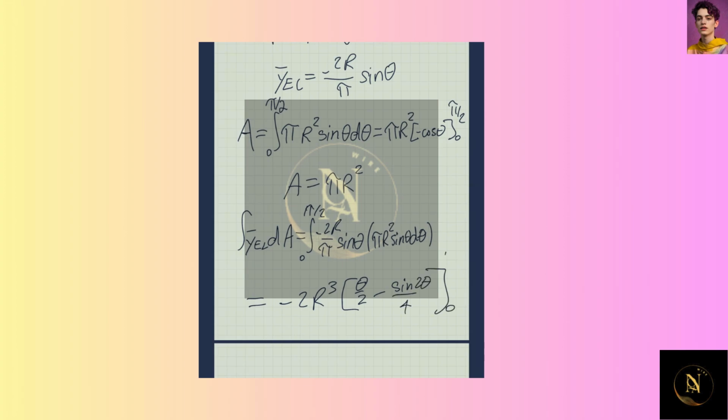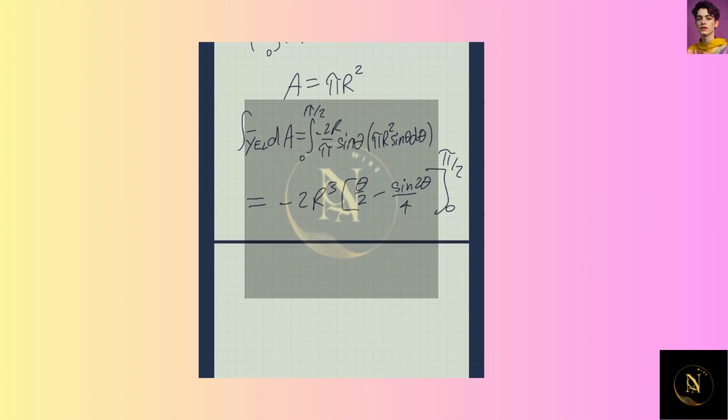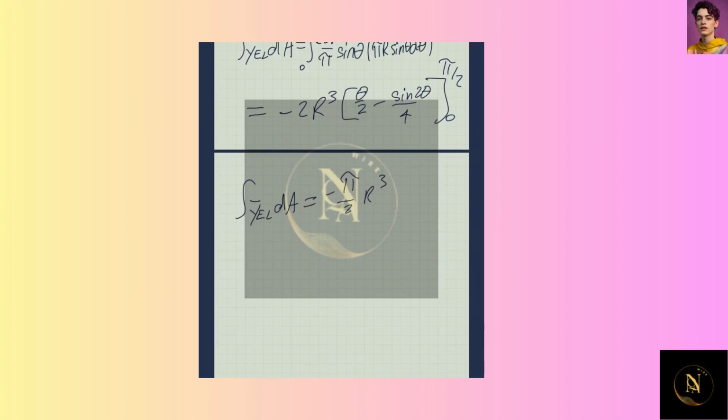Solving the integral, we get -2R cubed times theta over 2 minus sine of 2 theta over 4, from 0 to pi over 2. And plugging in 0 to pi over 2, we get that the integral of the centroid of the differential element is equal to -pi over 2 R cubed.